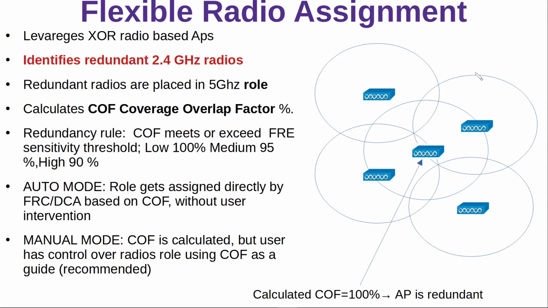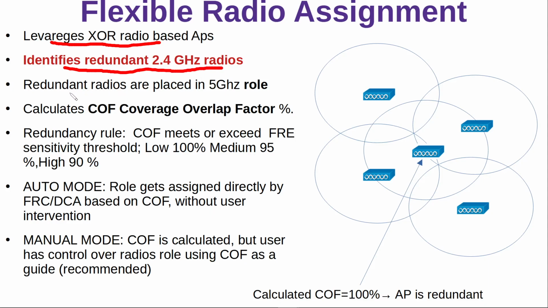Flexible radio assignment, or FRA, is a feature that works very well when you have XOR radios. The objective of this feature is identifying redundant 2.4 GHz radios.